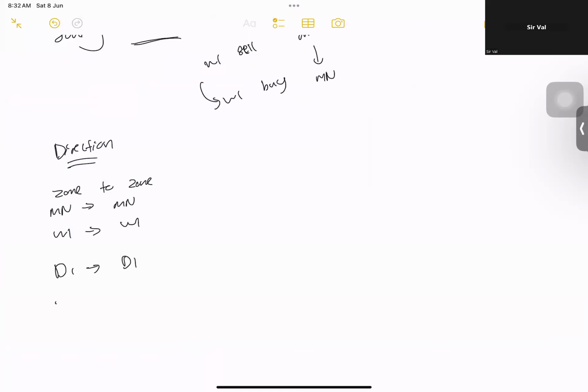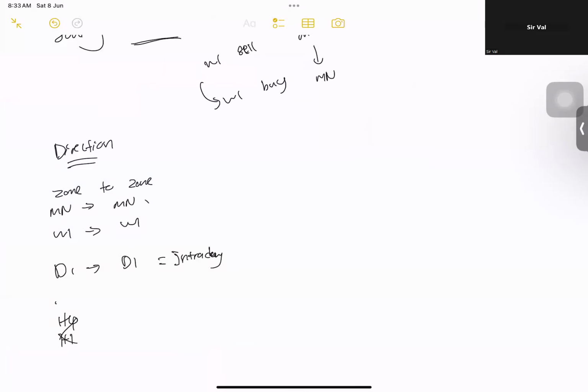You cannot use direction for H4, H1. Daily to daily can also be used, but it cannot be a swing. This is only for intraday.